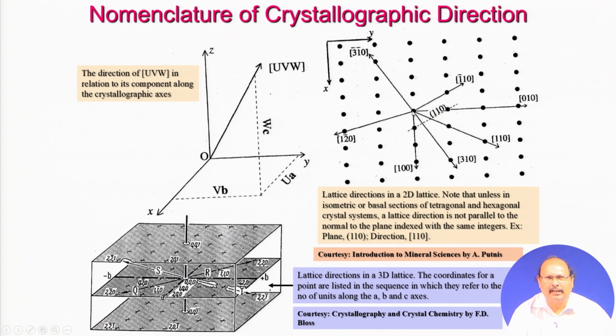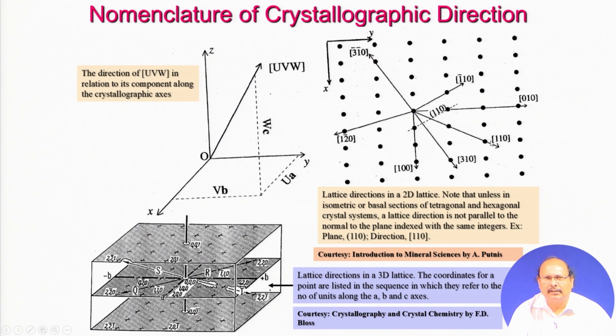Any direction that passes through these coordinates will have 1 1 0, because it is parallel to the vertical axis here. The intercept is not there along the C axis, there is 0 intercept along the C axis. So, it is essentially lying on this horizontal plane.